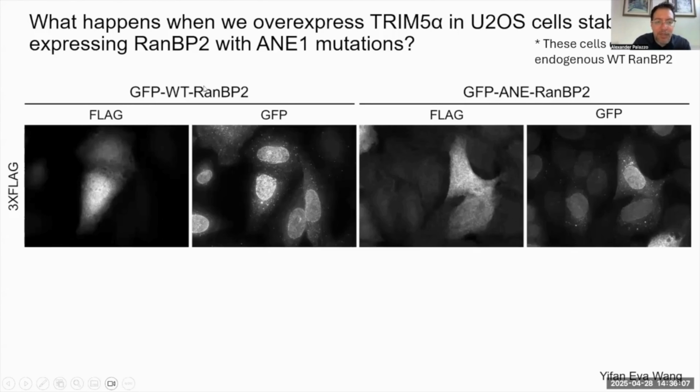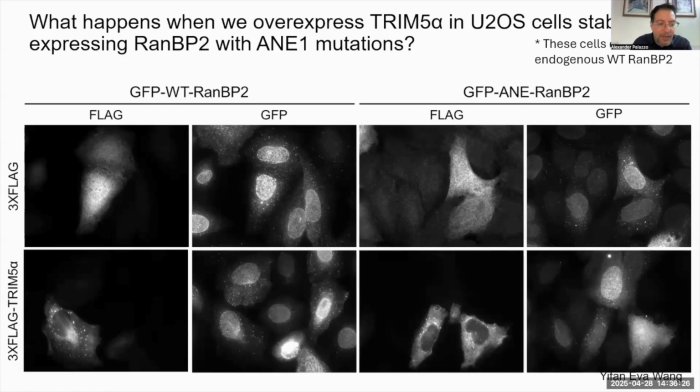So here what we're doing is we're expressing a GFP RanBP2 without the mutations or with the ANE mutations. If we just express some random protein, you could see that the wild type and the mutant forms localize around the nuclear rim, so they're at the nuclear pore. And if we express now TRIM5 alpha, in the context of the wild type, you can see that there's not much difference.